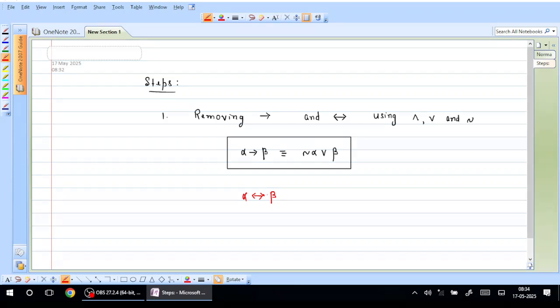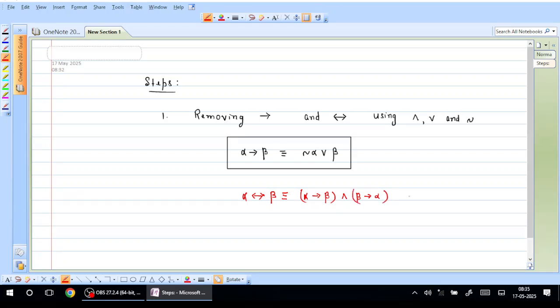So see, for CNF conversion, which formula will I use? For CNF conversion, I can go for alpha implies beta, meet beta implies alpha.